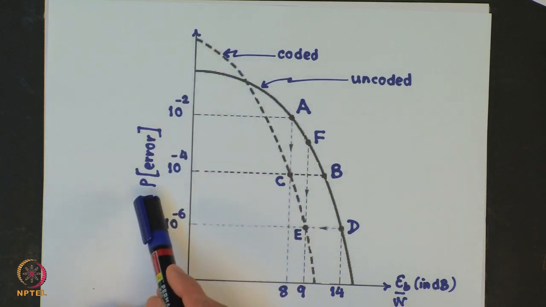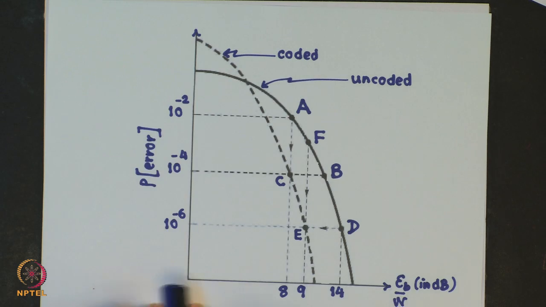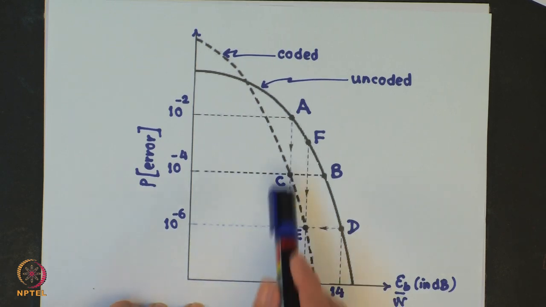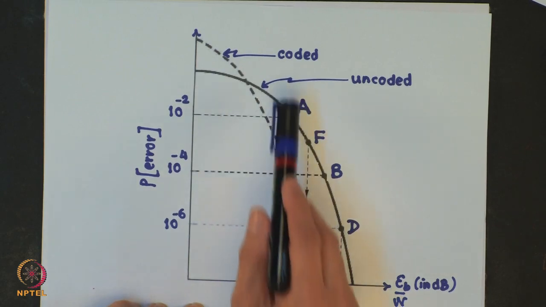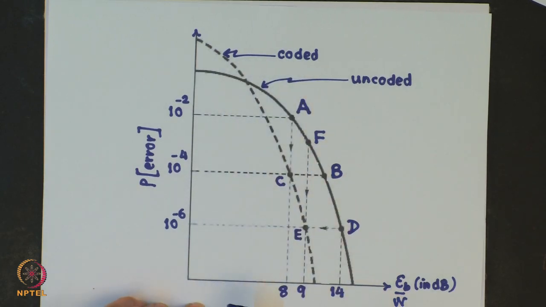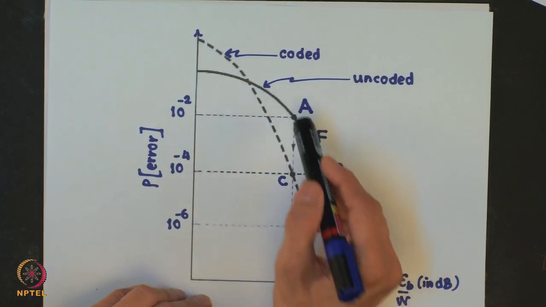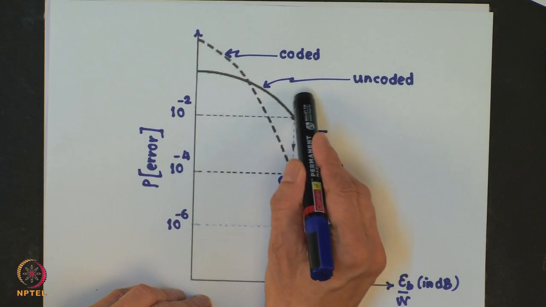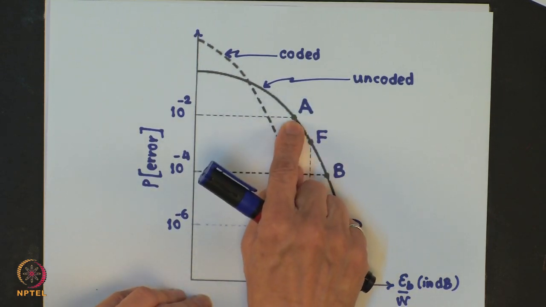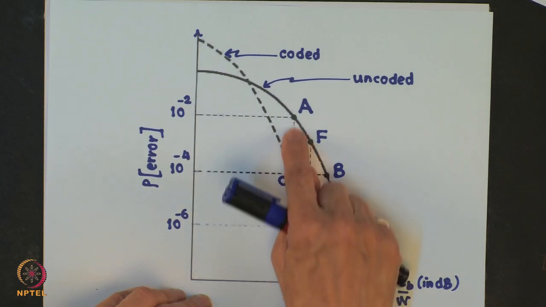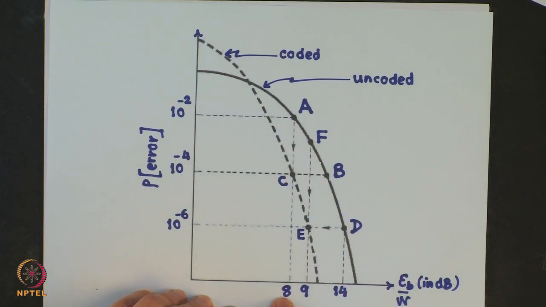And here we have plotted the probability of error versus signal to noise ratio per bit, that is Eb by N0 in dB. Now, let us see the advantages of the coded system. Let us say we have some simple inexpensive communication system which is operating at point A. So, the probability of error is 10 raised to minus 2 and SNR per bit is 8 dB.